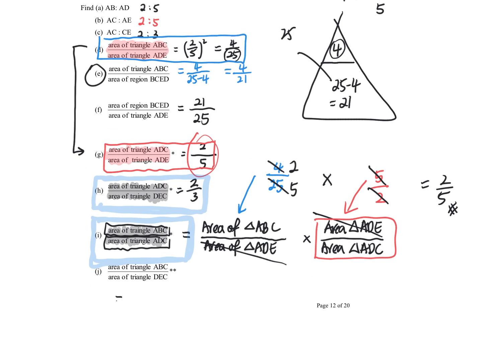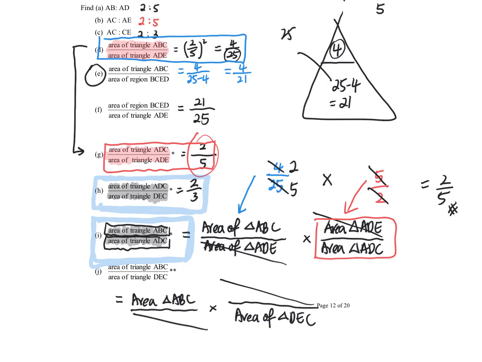So same thing, I'm going to split the numerator and the denominator up. So I need to find something they have in common that I can cancel out. So if you look at this, the DEC is the common one. No, it's ADC. Oh, ADC, sorry. ADC.